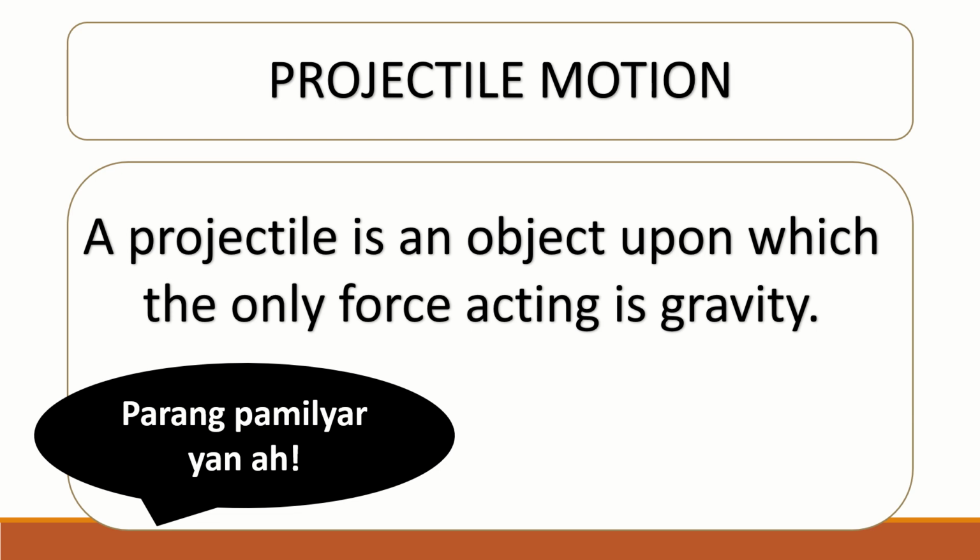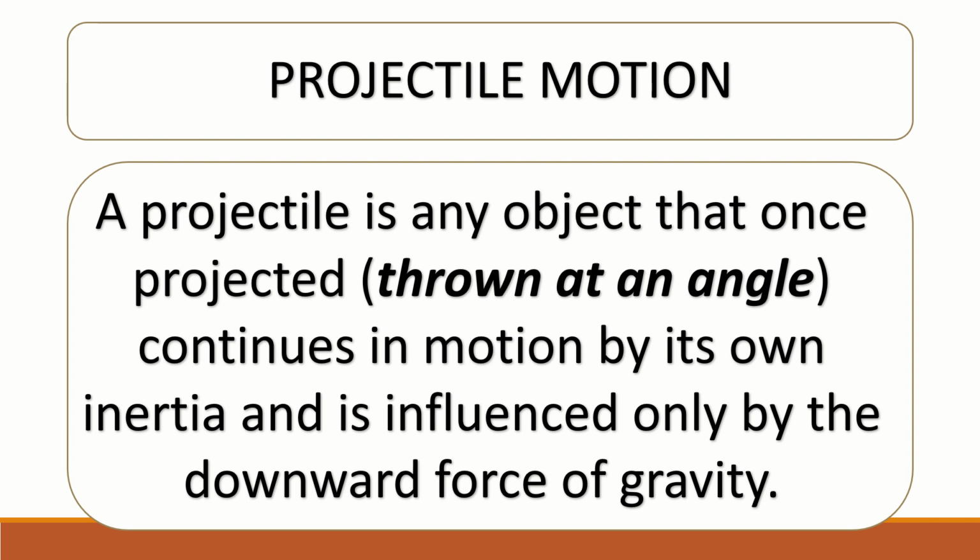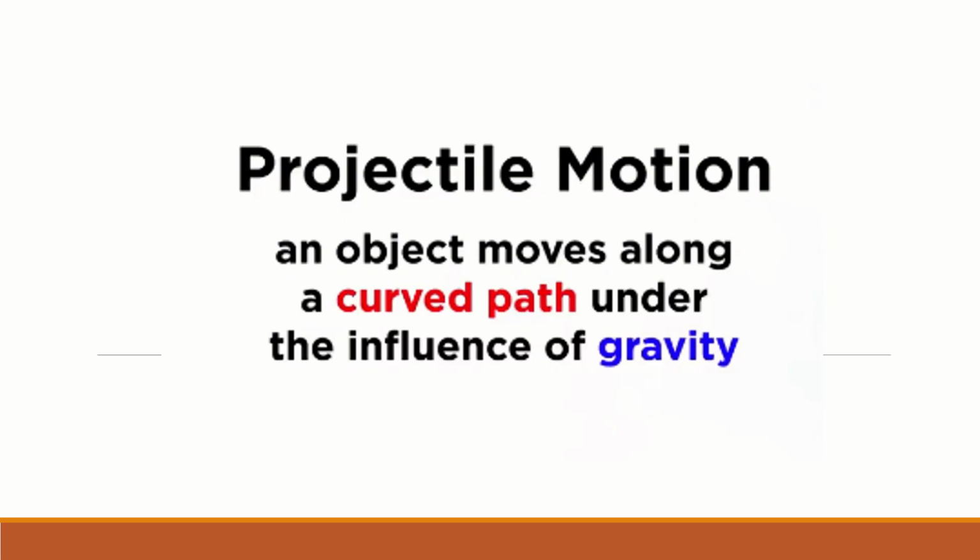So what could be the difference? A projectile is any object that, once projected or thrown at an angle, continues in motion by its own inertia and is influenced only by the downward force of gravity. So we can conclude that free fall is a special type of projectile motion.